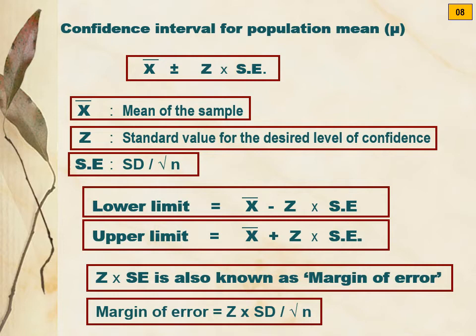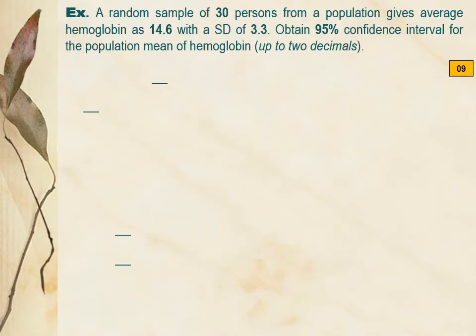Okay, Z into SE means Z into SD over root N, that is the margin of error. Slide number 9. One example has been taken here. It will make the concept very clear how we get the confidence interval for the population mean.